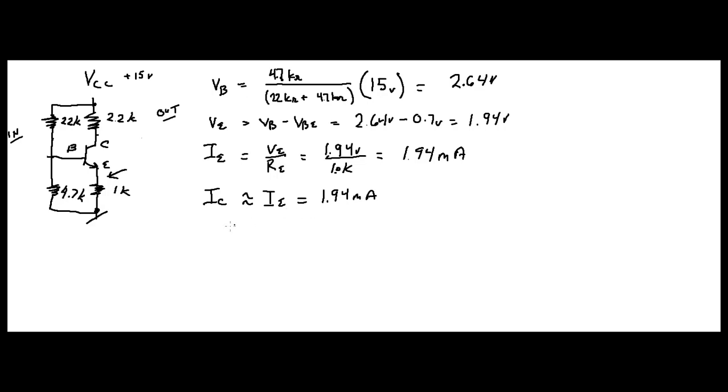And finally, if we know IC, we can calculate VC. And that's going to be equal to VCC minus ICRC, which is going to be equal to 15 volts minus 1.94 milliamps times, and what's that equal to?